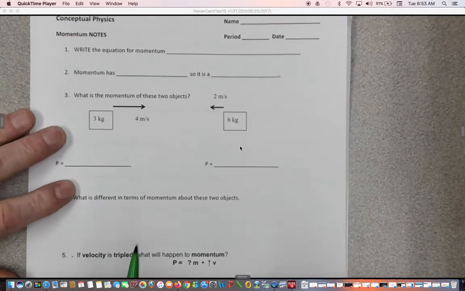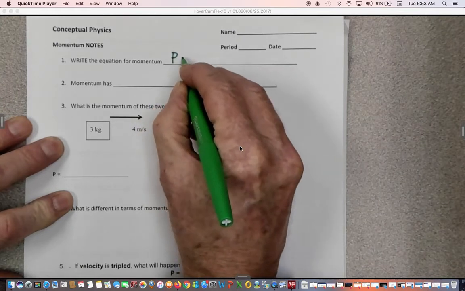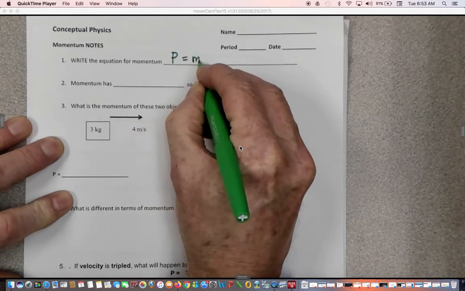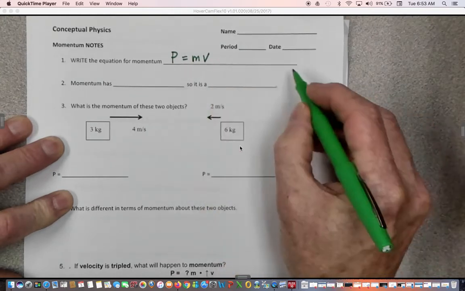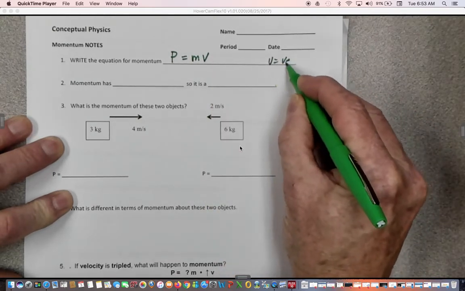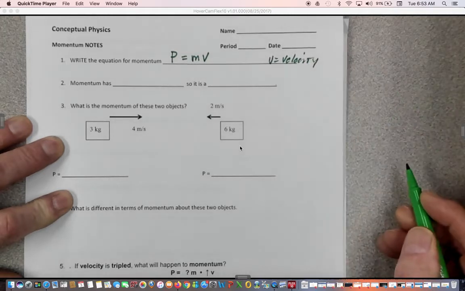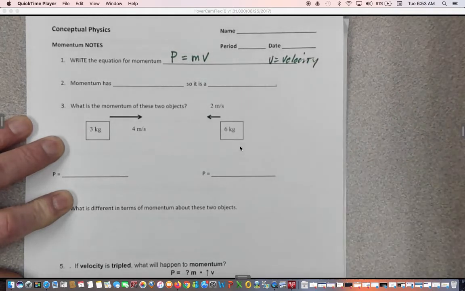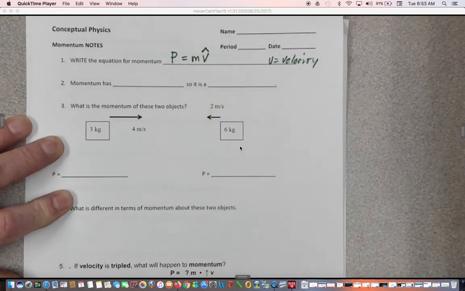So up here, you're to write the equation for momentum. Momentum is a symbol P equals m times v, and v is velocity. One thing about velocity as opposed to speed is that it has direction. This is a vector, so I'm going to put a little hat on top of it. Some people use arrows.